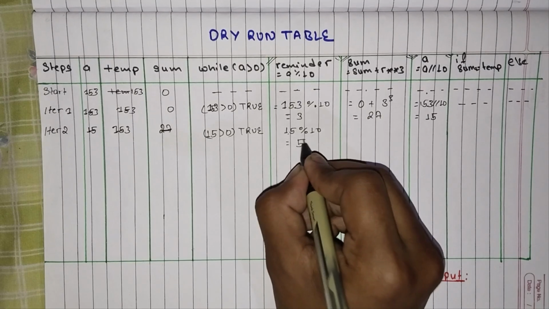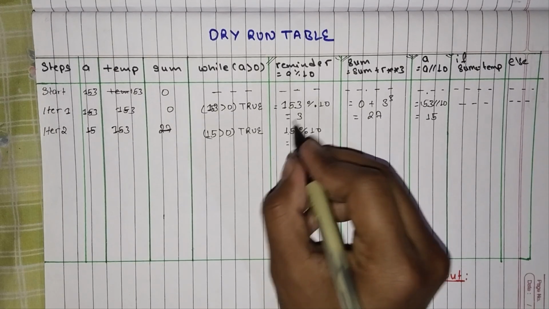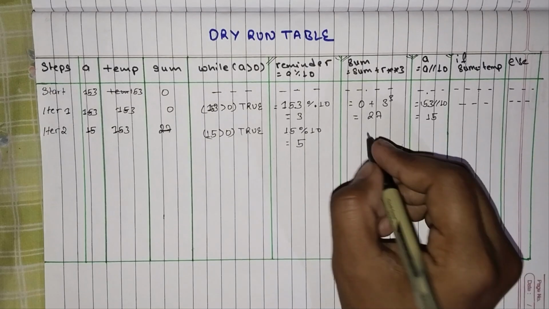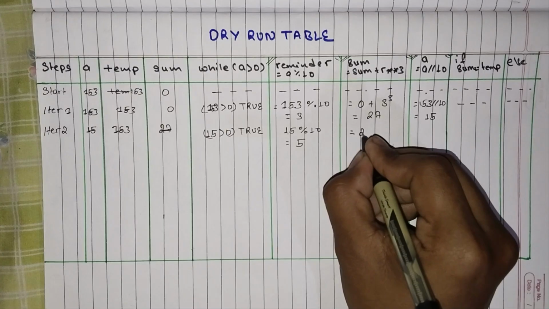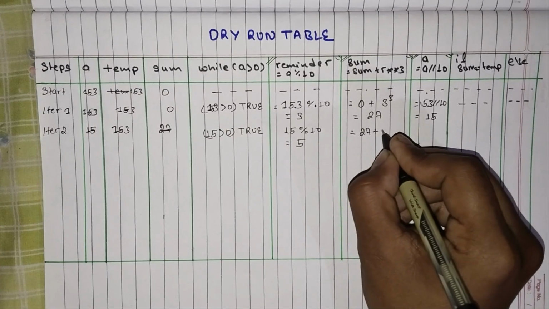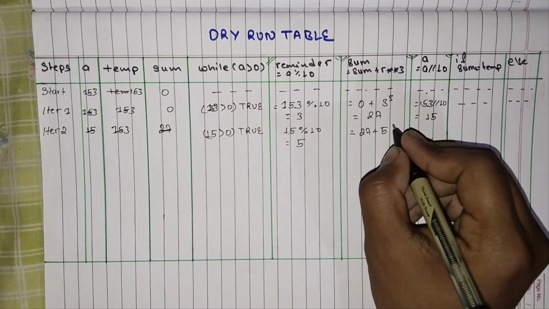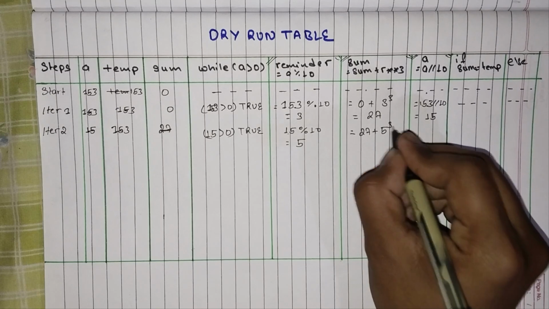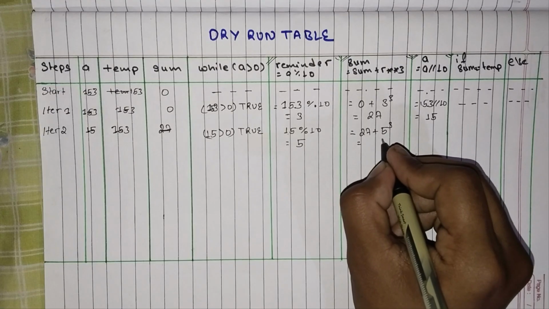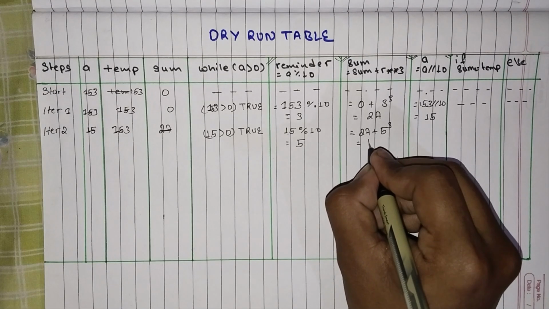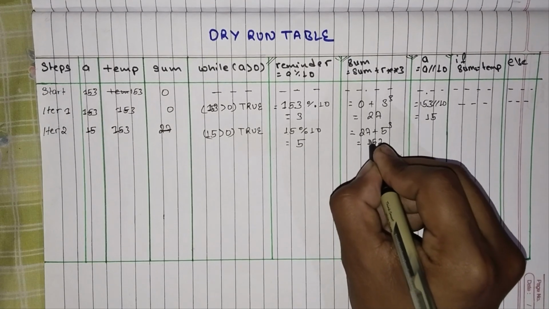But it stores only 5, as we said earlier, that it stores only the remainder. Now we come over here, and it will store 27 plus 5 cube, right? And that will be equal to 125 plus 27, that is 152.